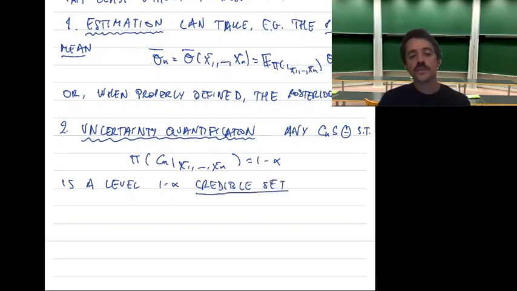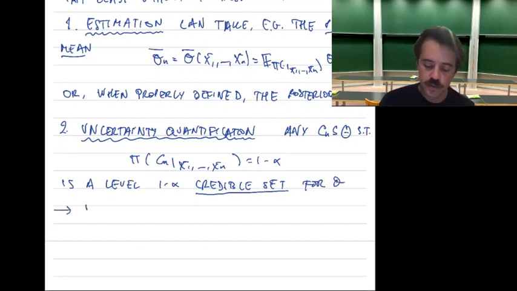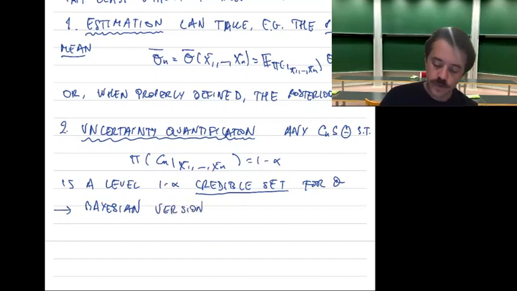Okay. So what is this credible set? Well, this is essentially the Bayesian version of frequentist confidence sets.